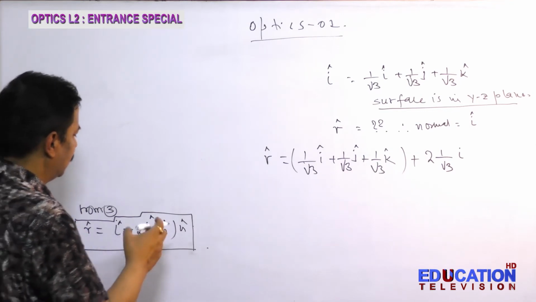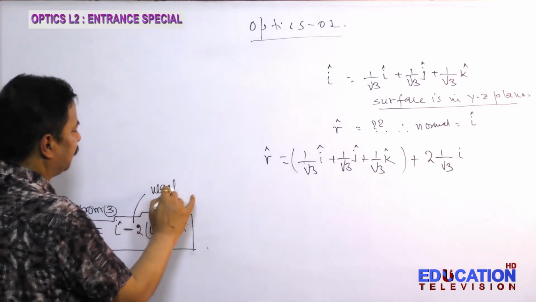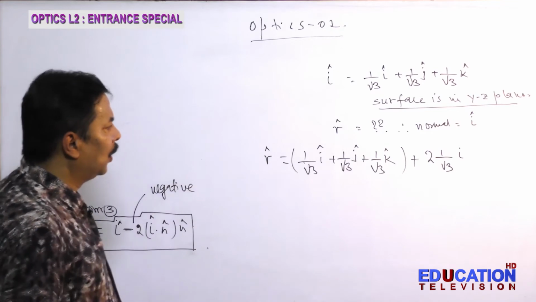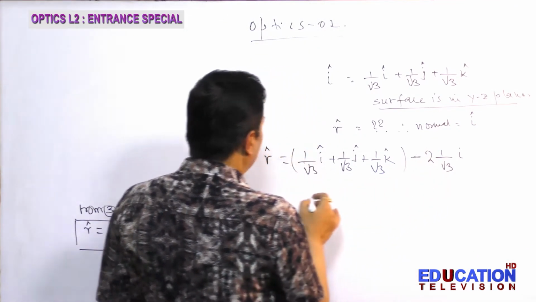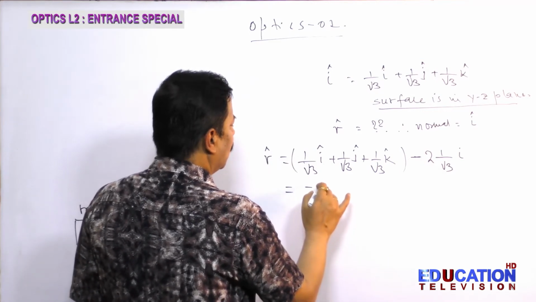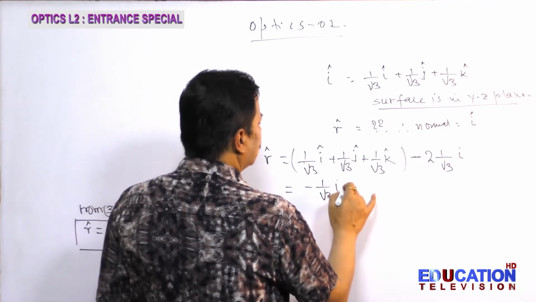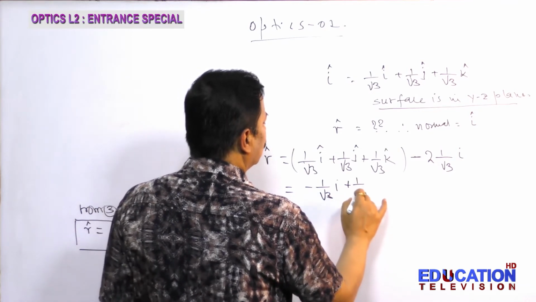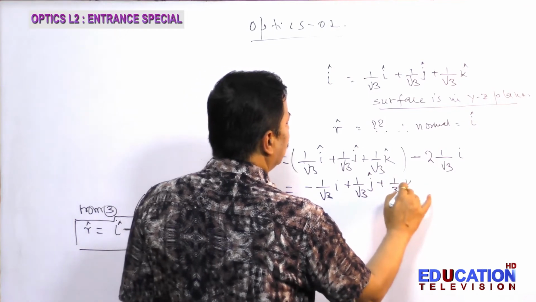The negative sign should be there. So here it should be minus, and then we are getting minus 1 by root 3 i plus 1 by root 3 j plus 1 by root 3 k.